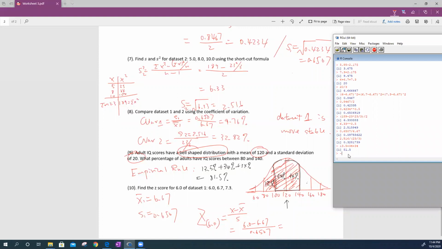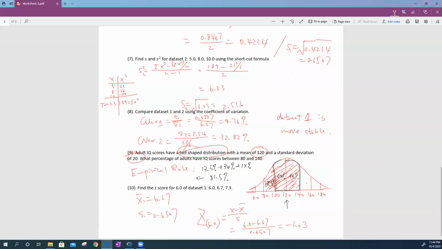So negative 0.67 divided by 0.6507. So negative 1.03. So this means what? 6.0 is actually left of the mean, about 1 standard deviation away from the mean. And that's why we call the z-score expressing the relative standing.